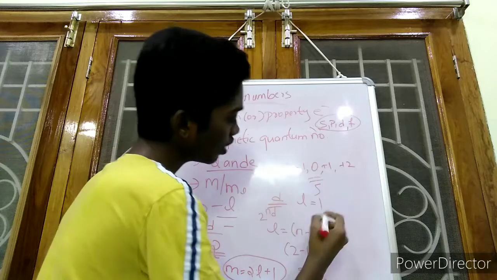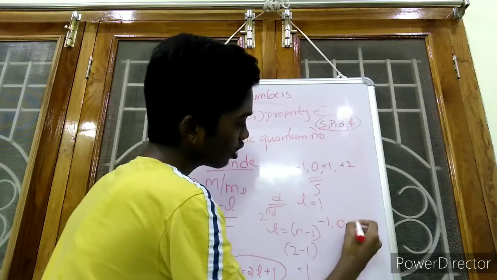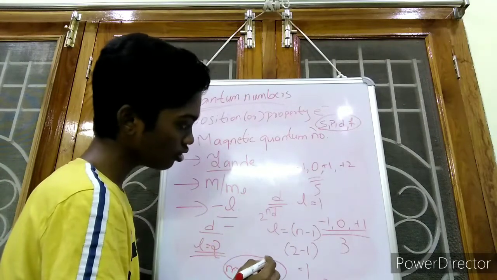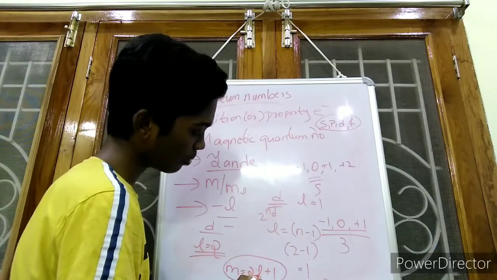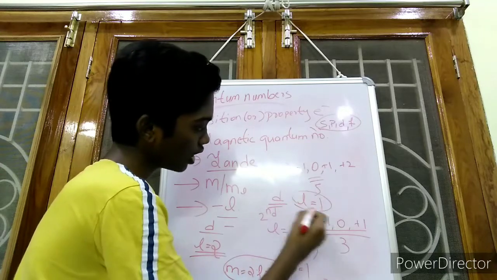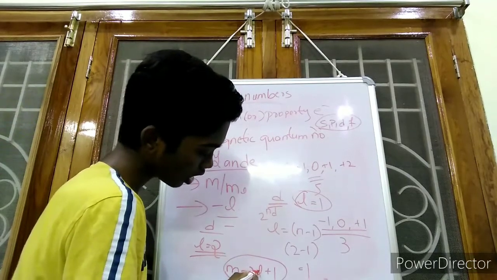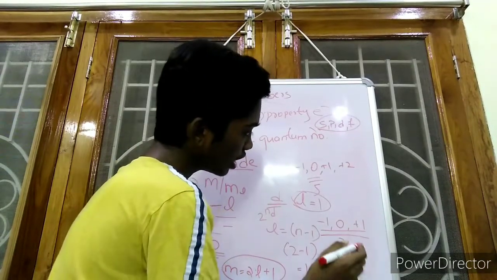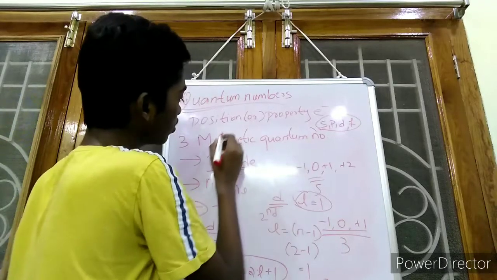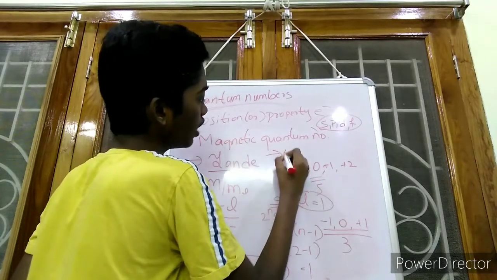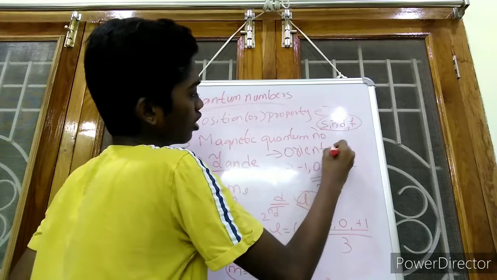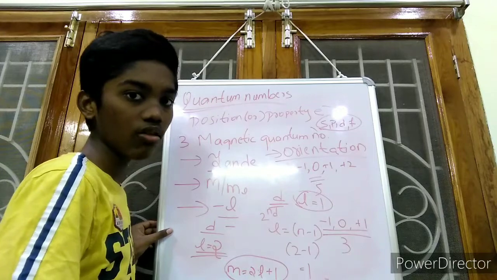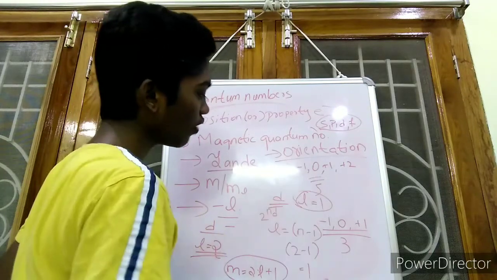Now if we write it this way, we get minus 1, 0, plus 1. So here we are getting 3 terms. If we substitute the value of l in this formula, here we got the value 1, 2 into 1 is 2, plus 1 is 3. Here we got 3 terms. So it is correct. The magnetic quantum number helps us to find the orientation of orbitals.